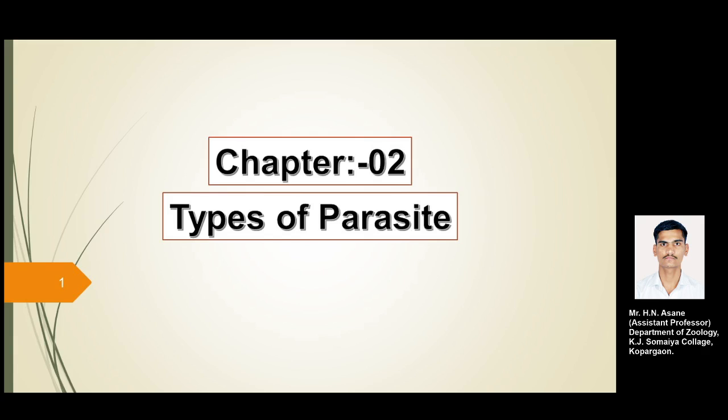We studied gains and losses in the last chapter, and we can add this point: the parasite has lost its independent life, because it resides on another host. Therefore, there is a difference between a parasite and a predator.